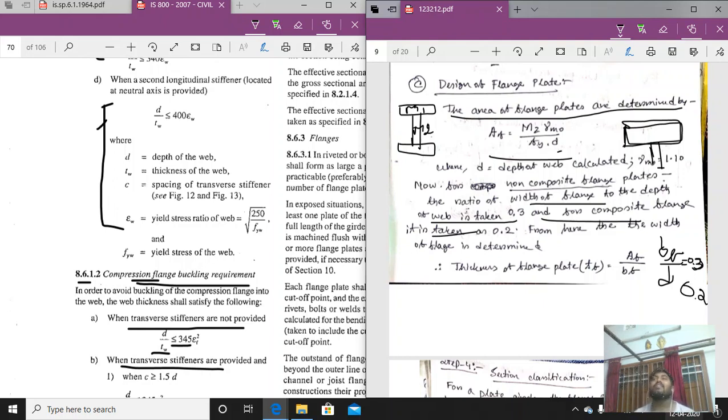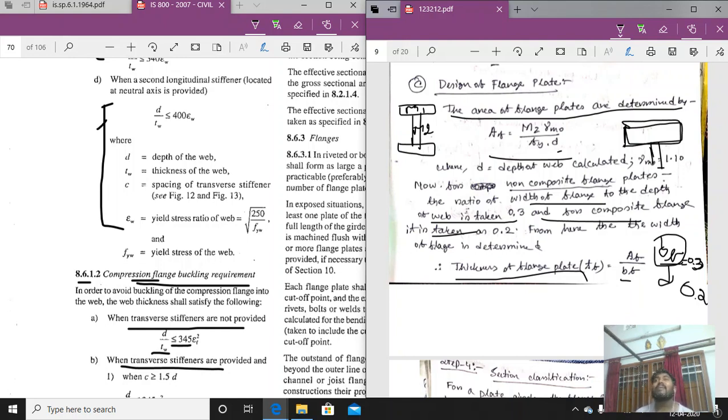In our case, all the sections will be non-composite sections, so we will use the value of 0.3. From this we can determine BF, the width of the flange, and the thickness of the flange, TF, will be AF by BF, that is the area of the flange divided by the width of the flange.